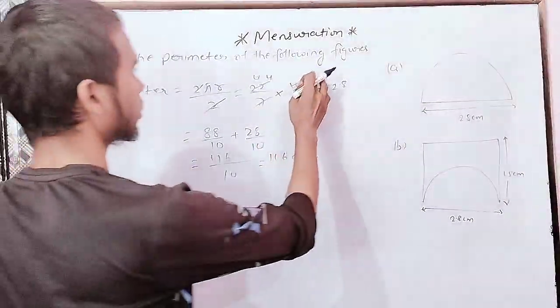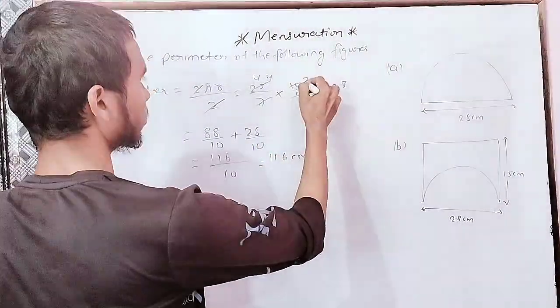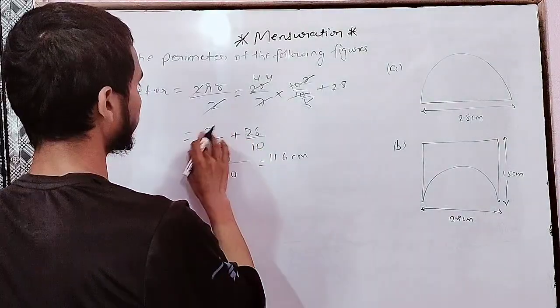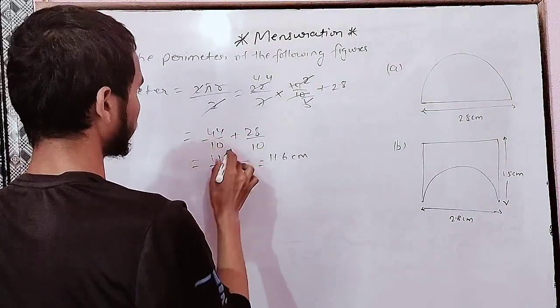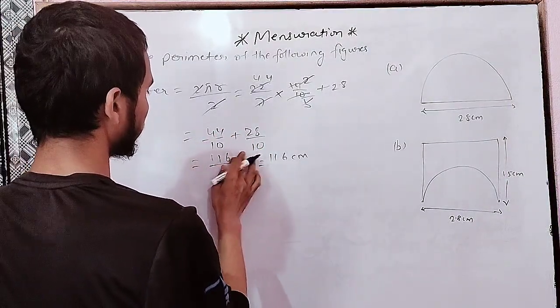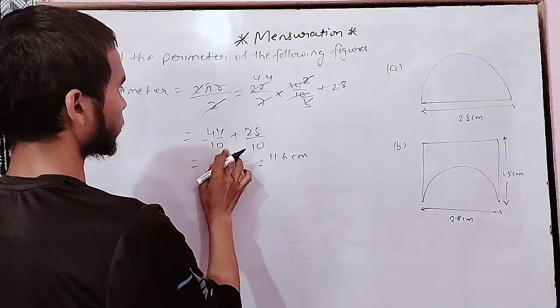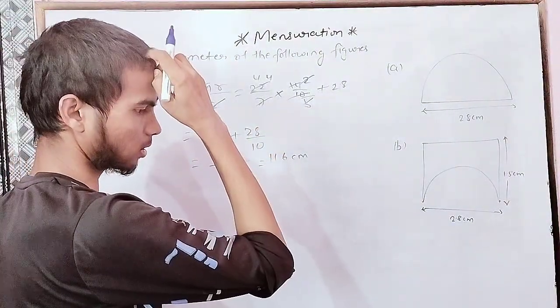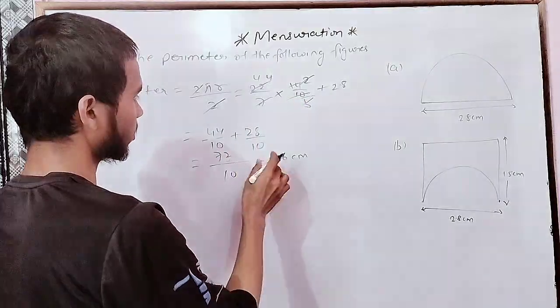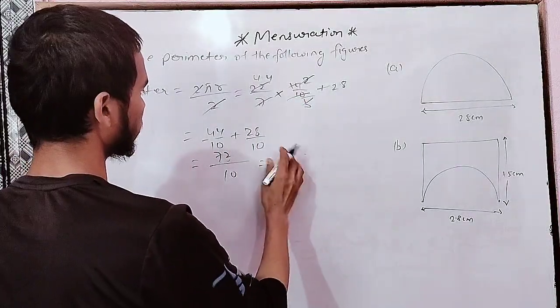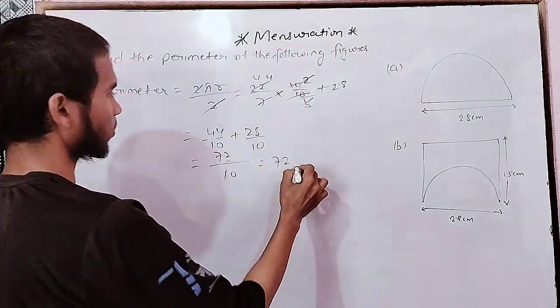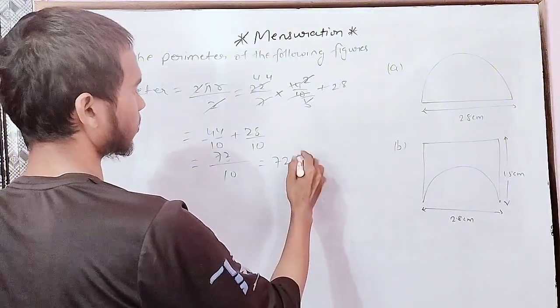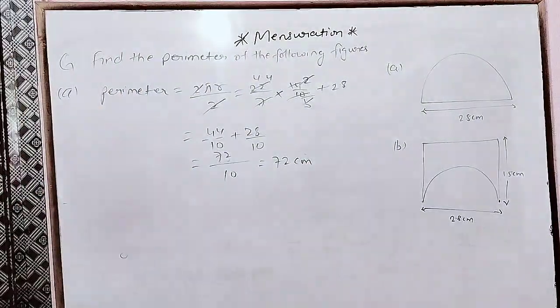Here I put r here to cancel it out. Then we have 44 and then 44 plus 28: 40, 20, 60, 70, 72. 7.2 centimeter. This is the perimeter.